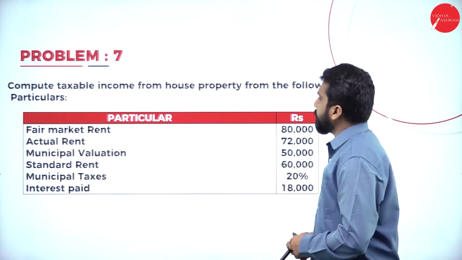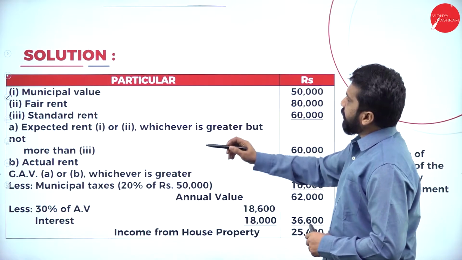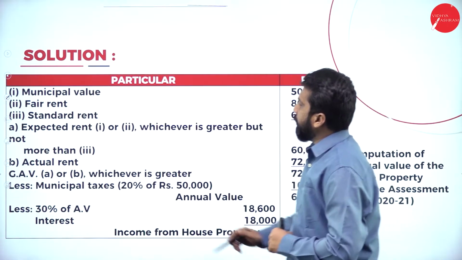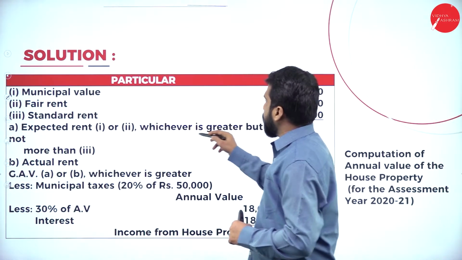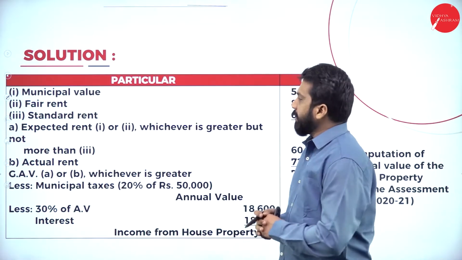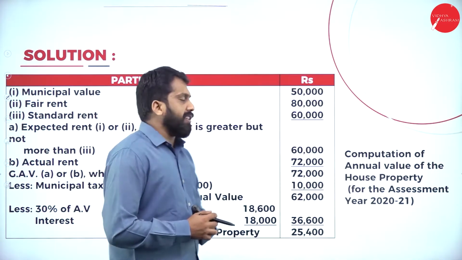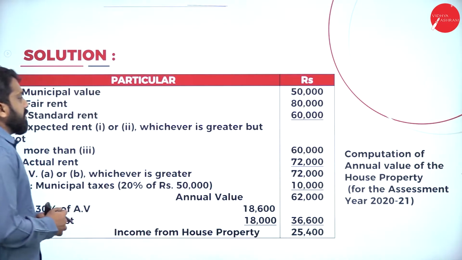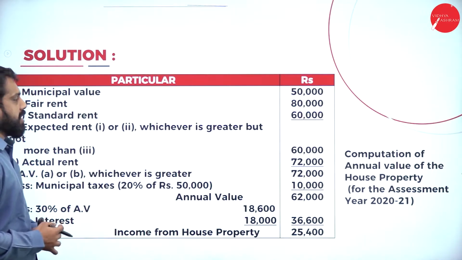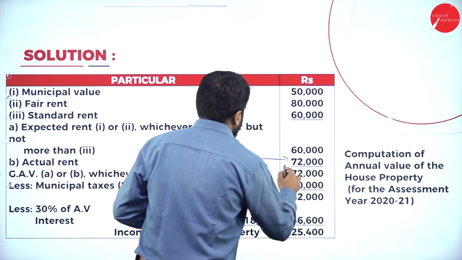In this, your municipal value, fair rent, standard rent, all the calculation they have done in the format: expected rent 1 or 2, whichever is greater, but should not be more than your standard rent. Then finally, your actual rent, how much? Your actual rent, we have 72. 72 or 60, the higher value will be 72,000.